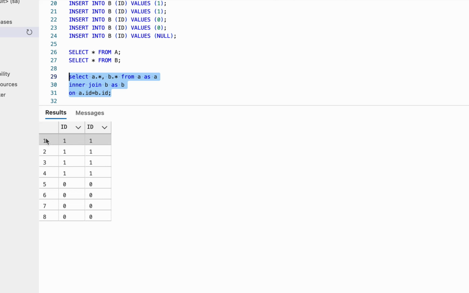So you can see we have a total of 8 rows using this inner join, which is matching with our final count.